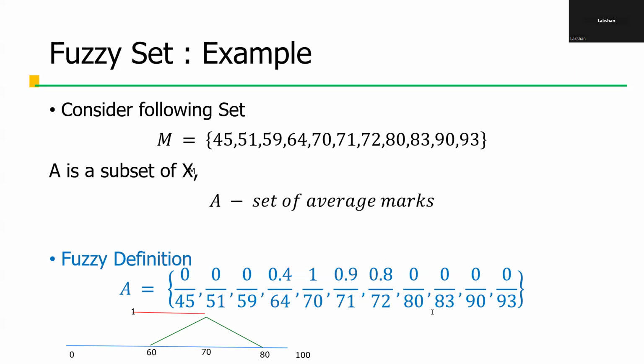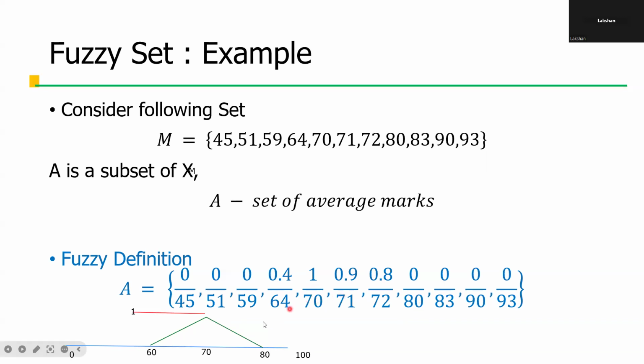Because of that, we can say that only these numbers are the averages, and we have membership values for these numbers in this set.